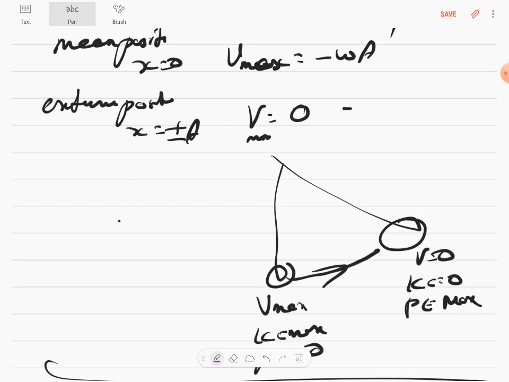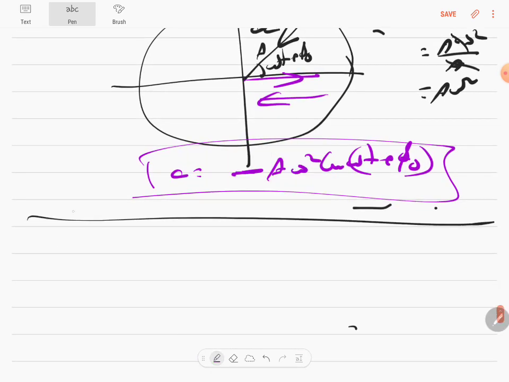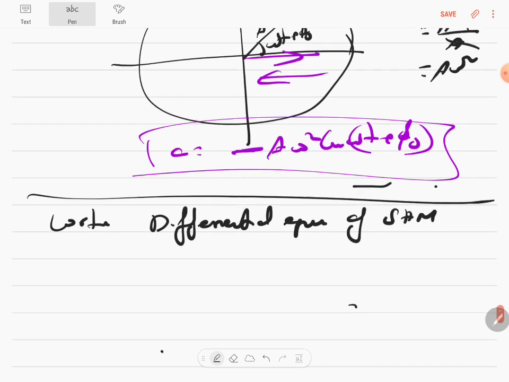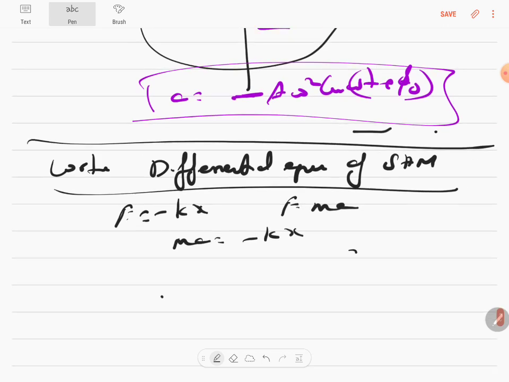Okay, the next thing that I forgot to tell you: supposing they ask you to write a differential equation of simple harmonic motion. You already know how to write F is equal to minus kx, and F is also equal to m into a. So ma is equal to minus kx, correct?